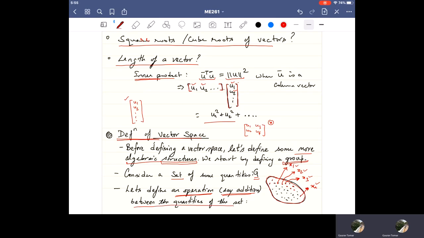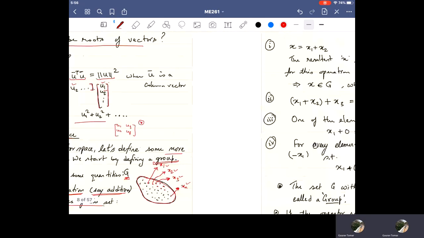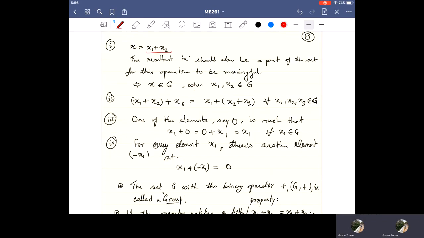It's a binary operation that you're defining, okay, between two elements of a set. And yes, for us, the set is G. Okay, so now once we perform this special addition, this operation, you get another element x, let's say, right? The way this addition is defined, you do get another element x.